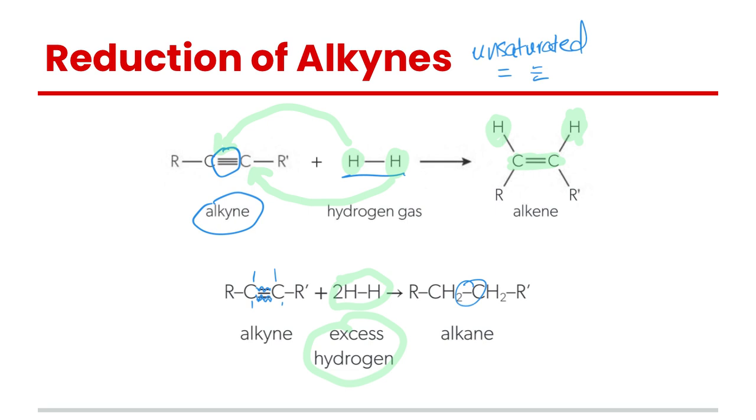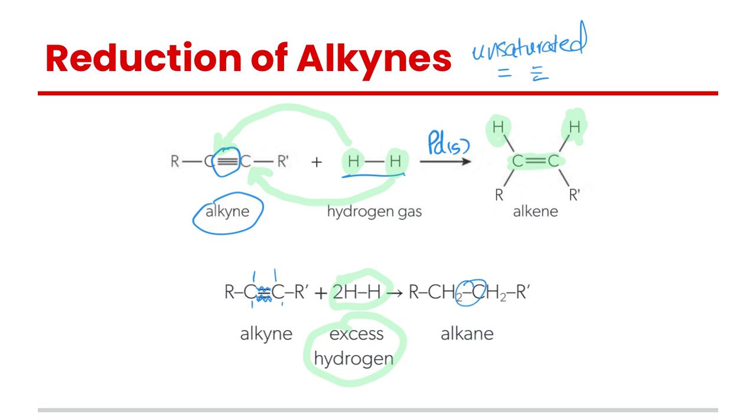Both of these reactions do require catalysts, and depending on which reaction we're doing, they actually require different catalysts. To go from an alkyne to an alkene, it requires a deactivated palladium catalyst, or palladium solid as a catalyst.